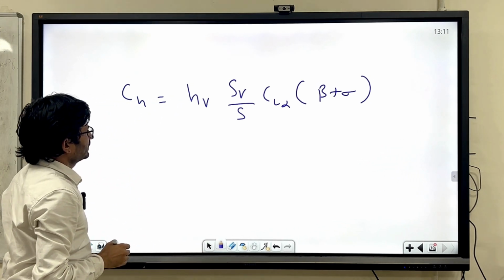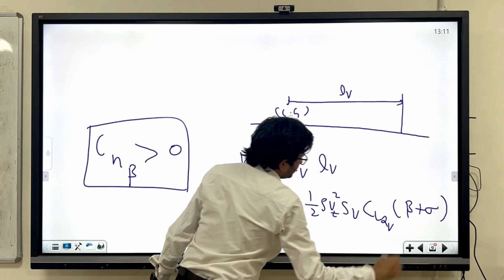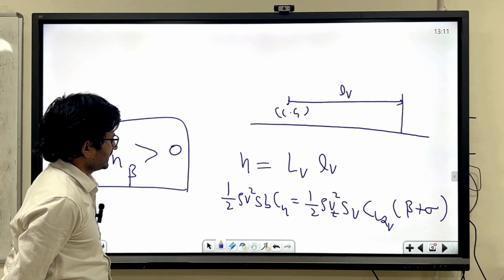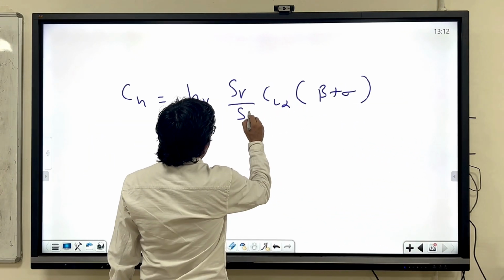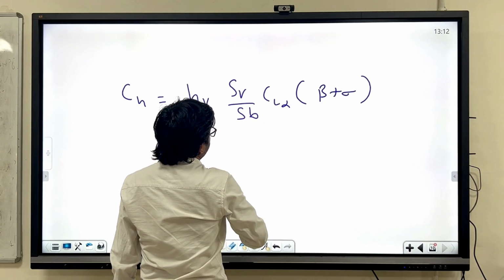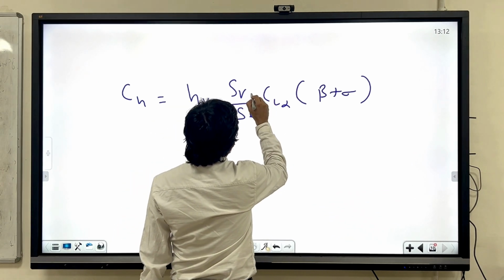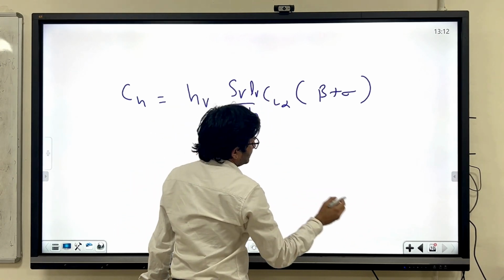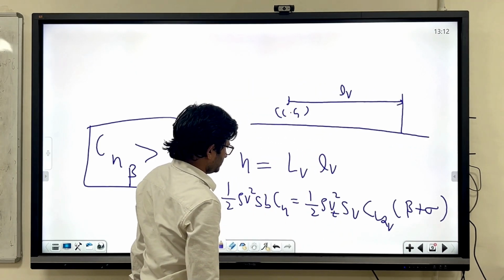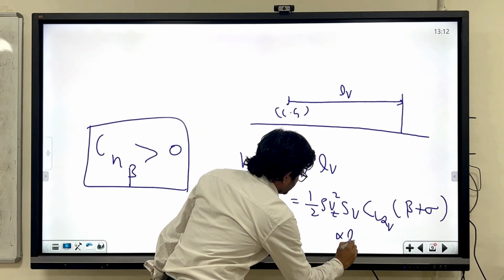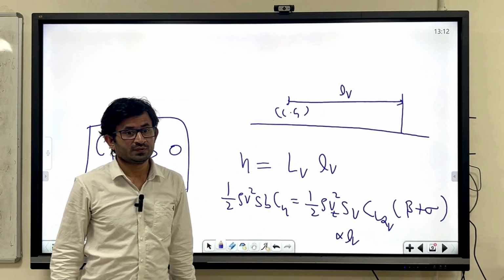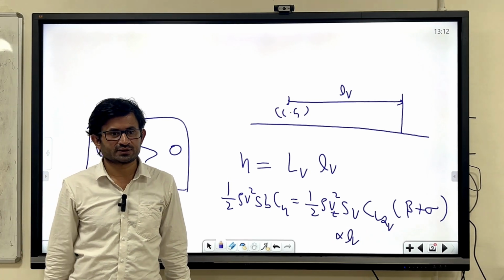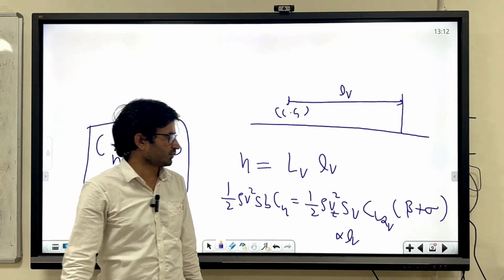Please correct me if I am wrong. SV by S, B and LV. Sigma is the sidewash angle, like in the longitudinal case we have seen downwash, right?